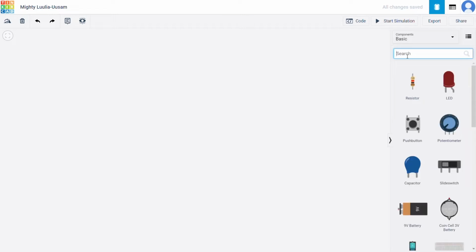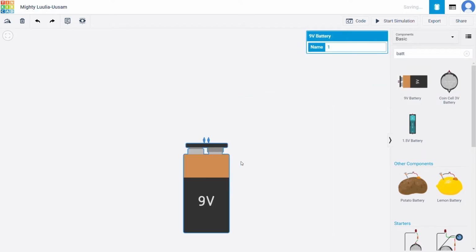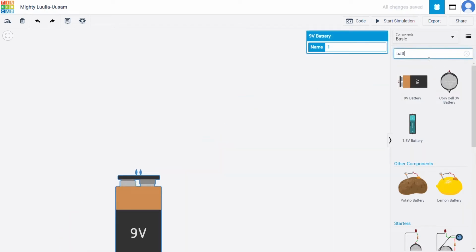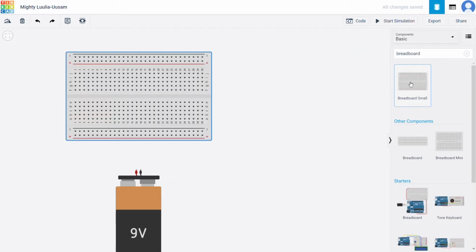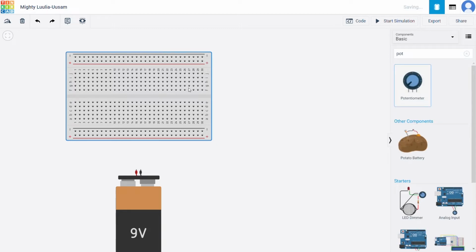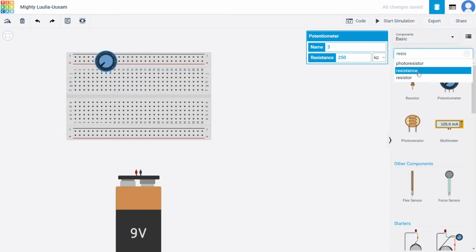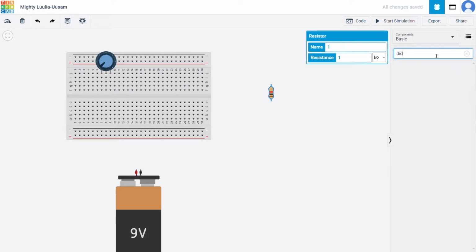For this experiment we need a battery, a board, a potentiometer, a resistor, and a diode.